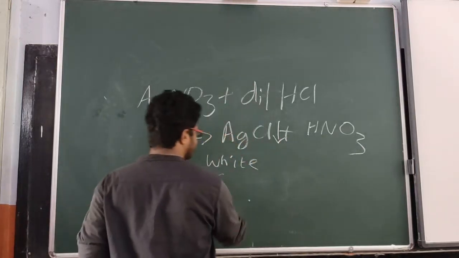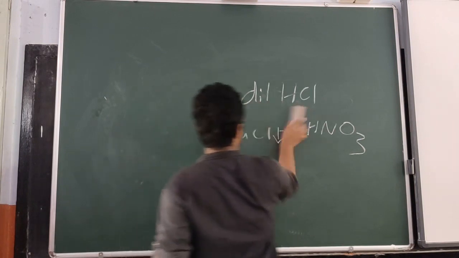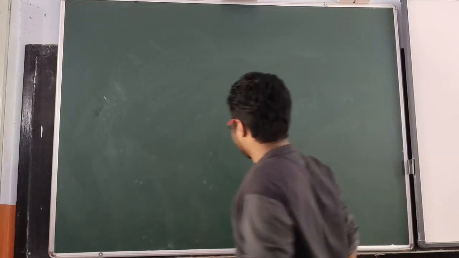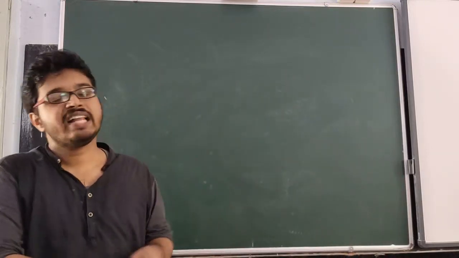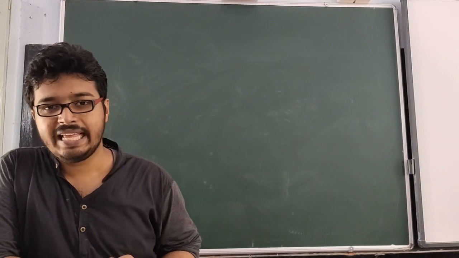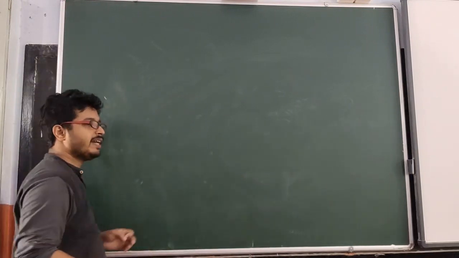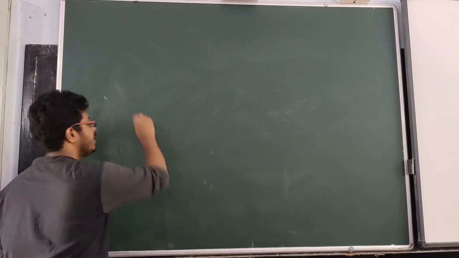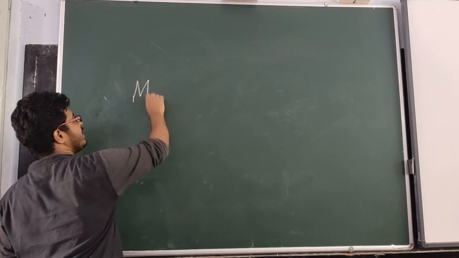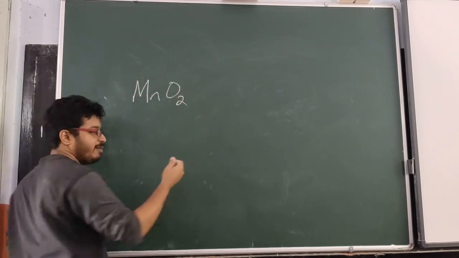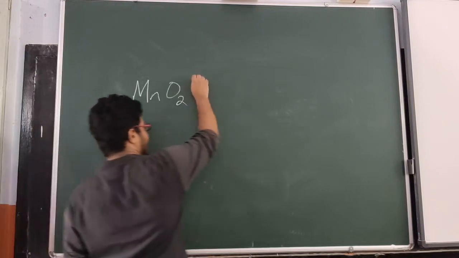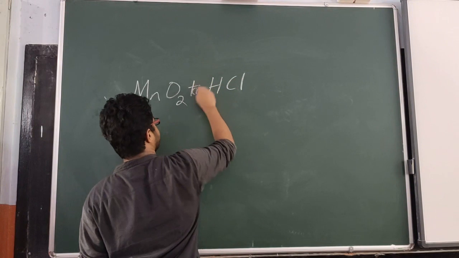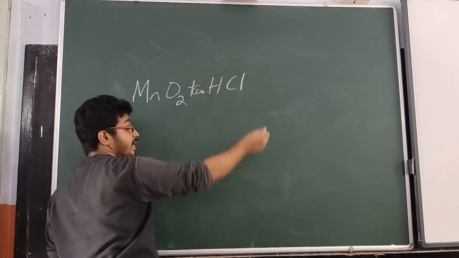Now the last test, that also we have discussed before, that is the reaction of an oxidizing agent with HCl. Just now we have discussed. The oxidizing agent that we are using is MnO2. I hope you remember what the reaction was. MnO2 plus HCl: we are supposed to take concentrated HCl and heat it also.